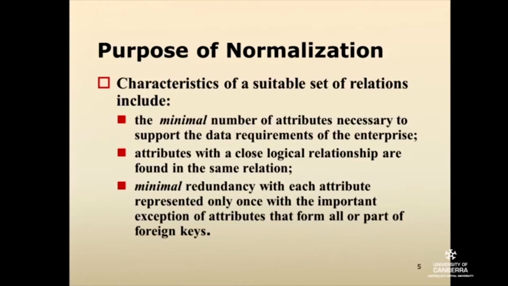So when we say what is a good design, what is a suitable set of entities or relations, they are those that have the minimum number of attributes. That doesn't mean that you have to have a reduced number of attributes. That means only store those attributes that are required. Okay?